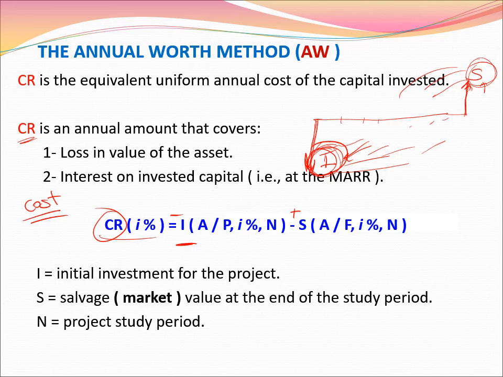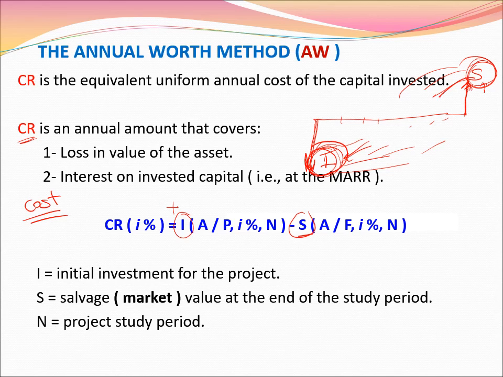What does a negative cost mean? A negative cost means a revenue, but it is not. The capital recovery itself is a cost. Therefore, I need to find the capital recovery as a positive value. So I am taking I, the cost, as positive, but S, which is a cash inflow, as a negative one.